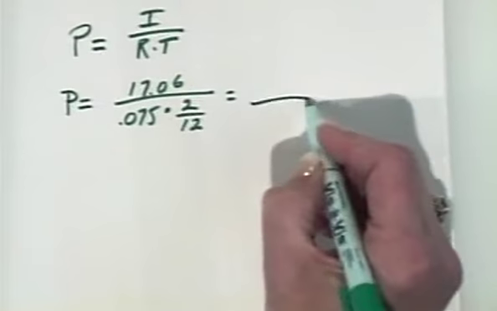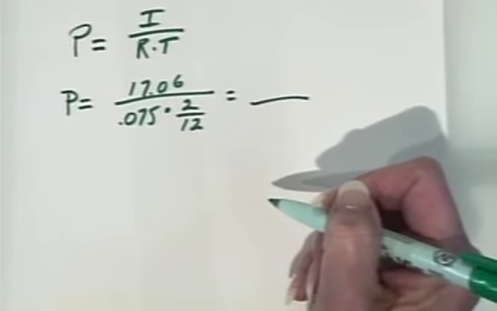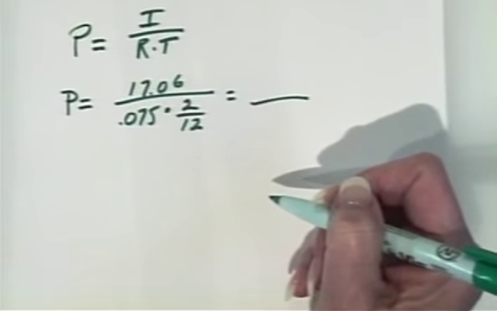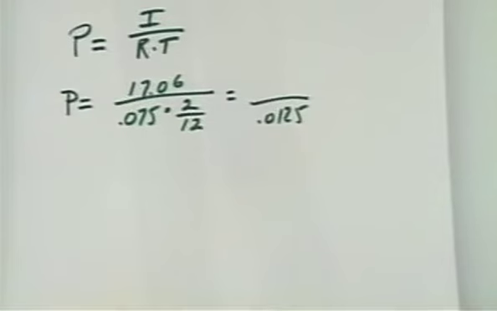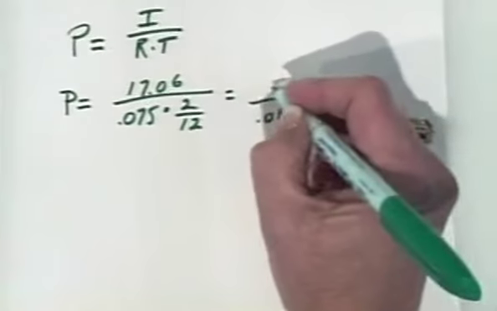In your calculator, put 0.075 times 2 divided by 12 and come up with a number. What'd you get? 0.0125, which you can write down. And then go back and take 17.06 divided by 0.0125. And you will come up with the right answer.